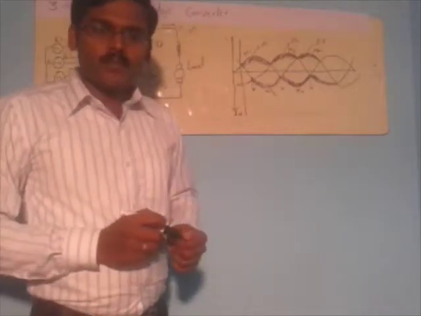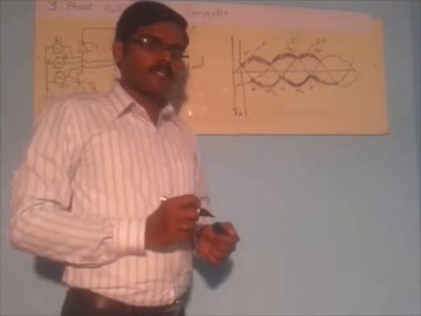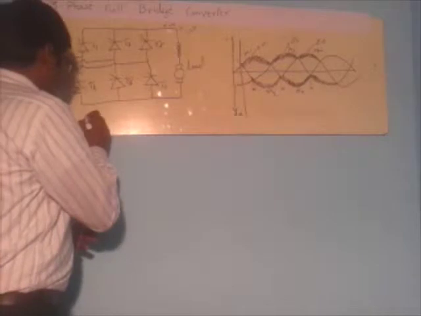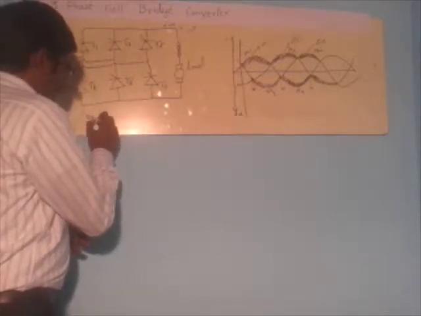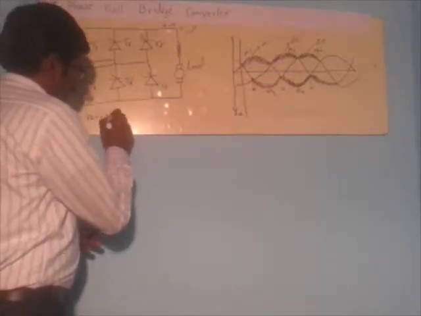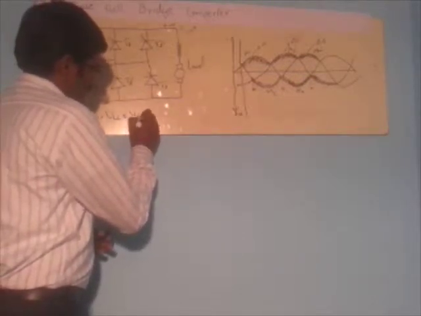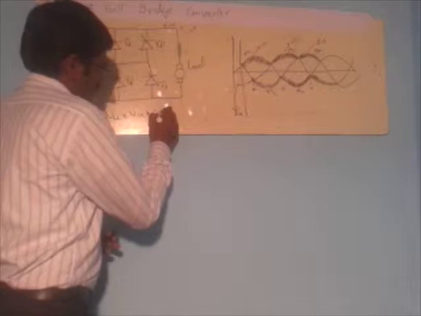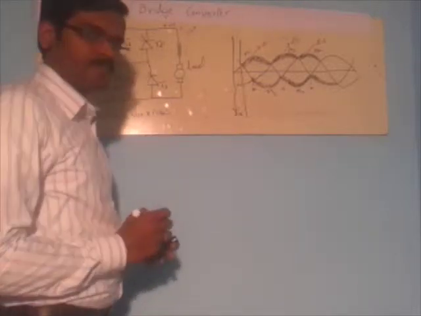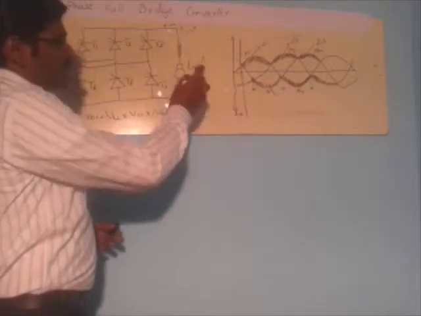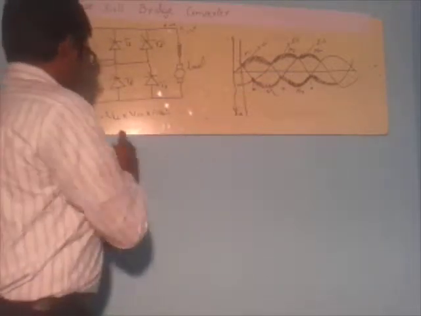The DC output voltage of a 3-phase full bridge converter, VDC, is equal to line to line voltage into voltage transfer ratio into cos alpha. Line to line voltage means phase to phase voltage.